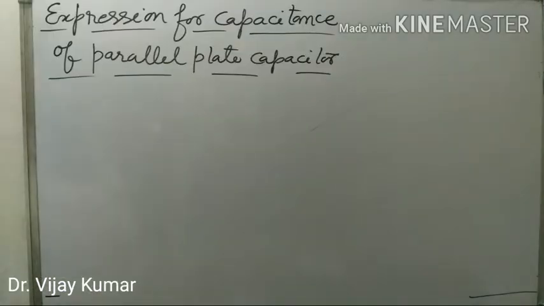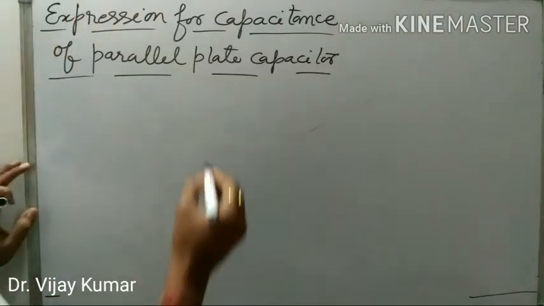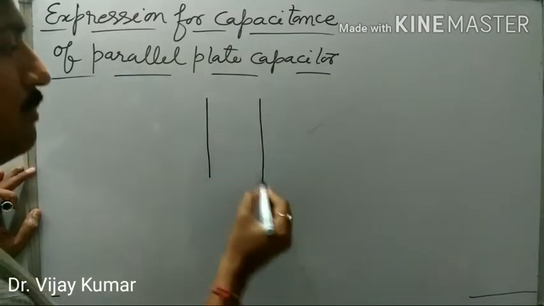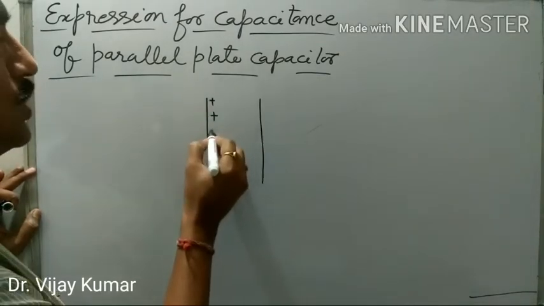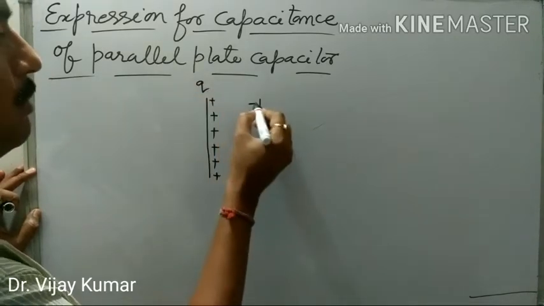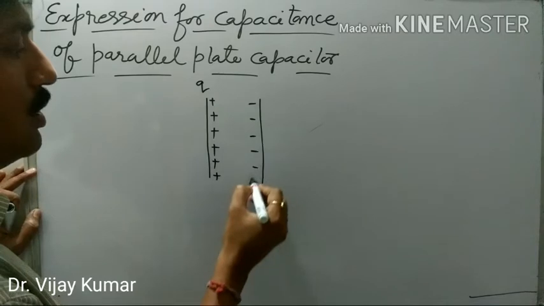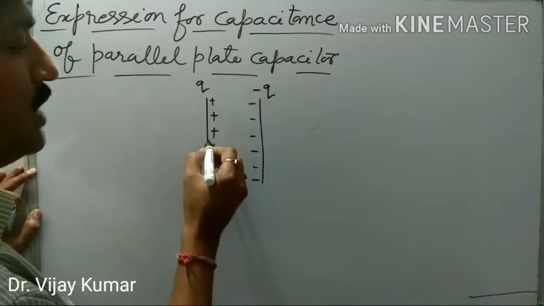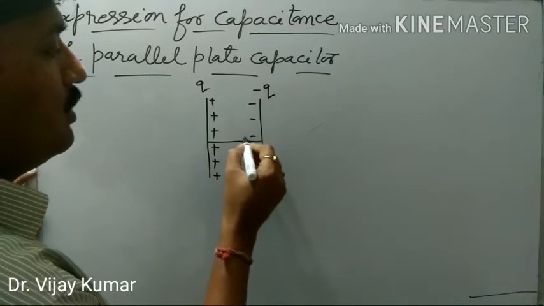Now we determine the expression for the capacitance of a parallel plate capacitor. This is a parallel plate capacitor, plus Q charge on one plate and minus Q charge on the other plate, and due to the plus and minus charge there is an electric field.